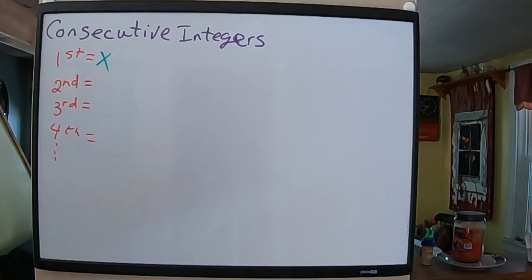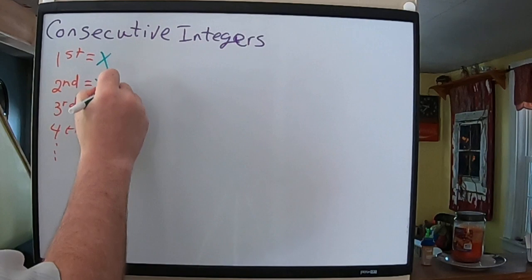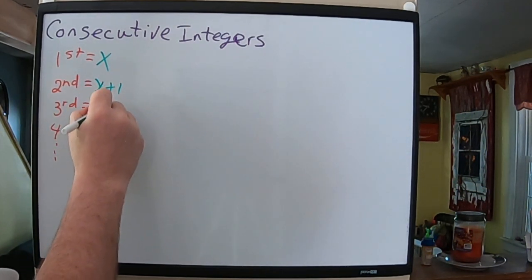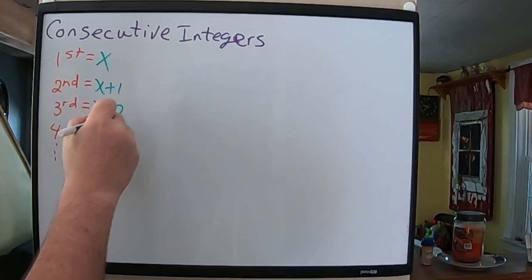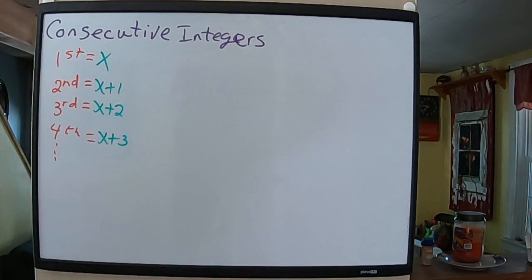The next integer, if you're going up by integers as you go along, so 1, 2, 3, 4, or wherever you start with, 75, 76, 77, 78, the next one's always 1 bigger, so x plus 1. X plus 2, x plus 3, x plus 4, all the way down, right? So that's how you do consecutive integers naming and expressing.